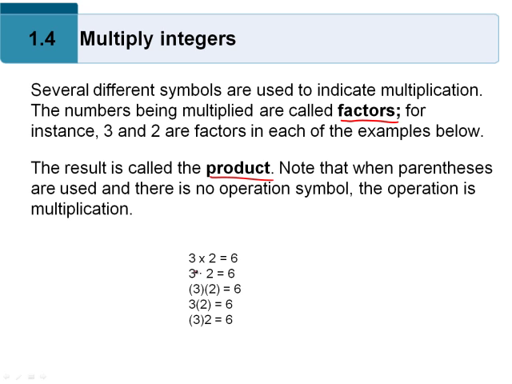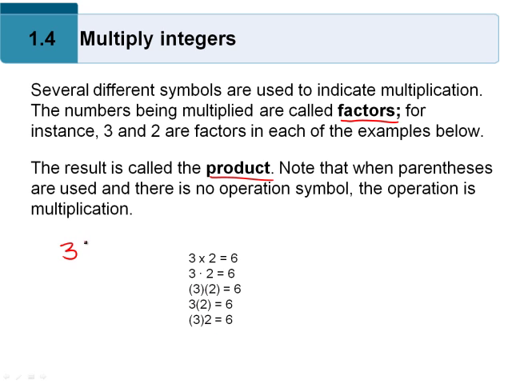Now, when parentheses are used down here or the multiplication dot, obviously the first two examples, 3 times 2 with the x, that's okay to use, but eventually it's going to look like a variable x, so you want to stay away from that. The multiplication dot is fine to use, but parentheses can also be used to show multiplication. They can be around both numbers or just one of the numbers.